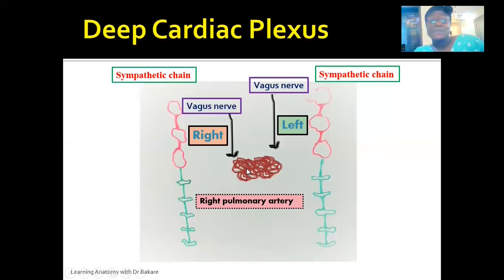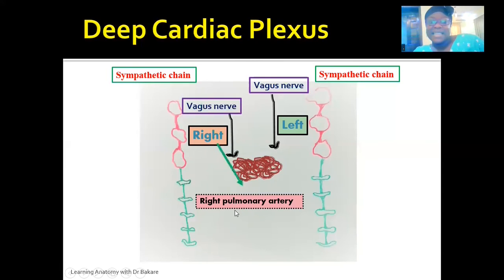Remember that we said the deep cardiac plexus has a right region and a left. On the right side, if you try to demarcate it around this point, we have branches that are seen to part anterior to the right pulmonary artery, and we also have branches that are seen to part behind the right pulmonary artery.